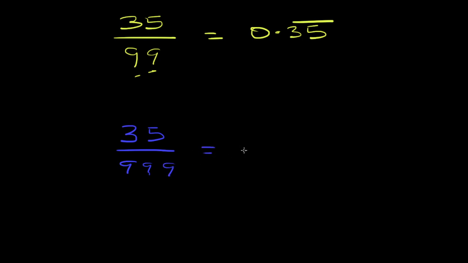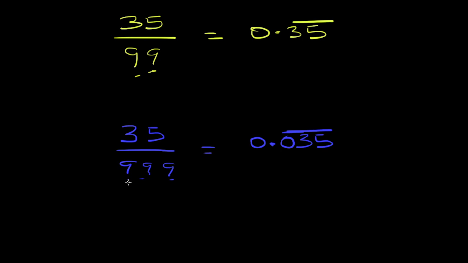But what if we had 35 over 999? What is it going to be? How many digits are going to repeat? How many digits are in the denominator? 3. So we'll have 0. So originally we have the numerator to be 35, but we introduce a 0 in front of that, and then all of this will be repeated.